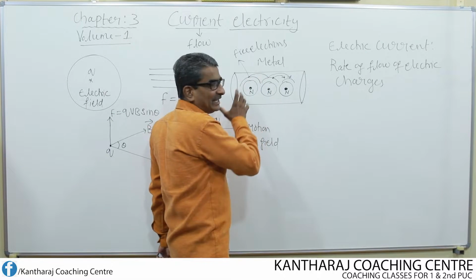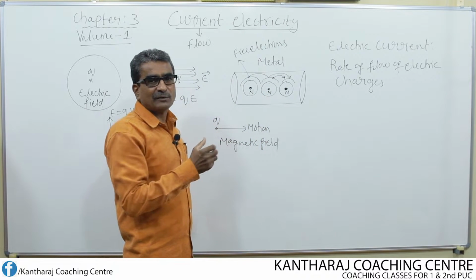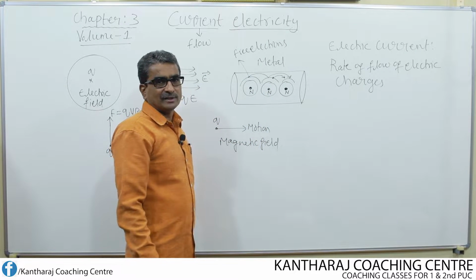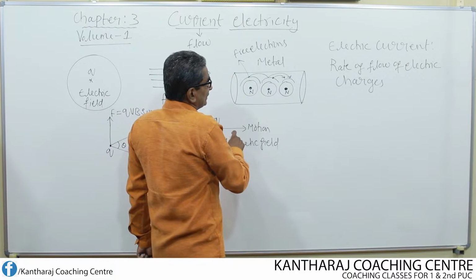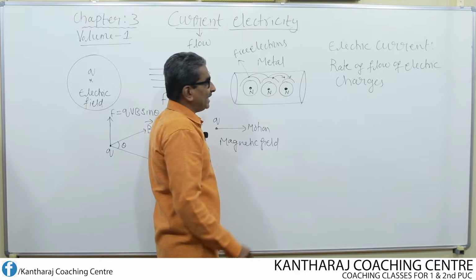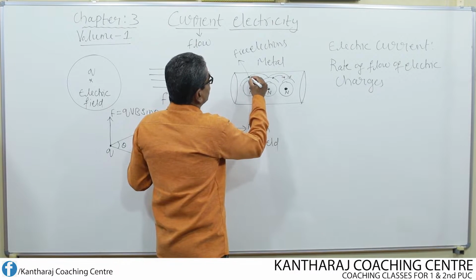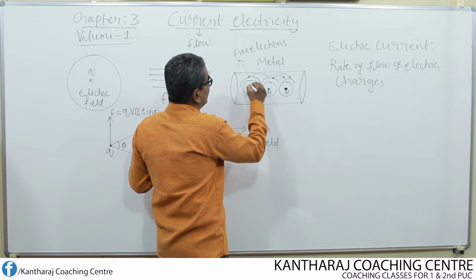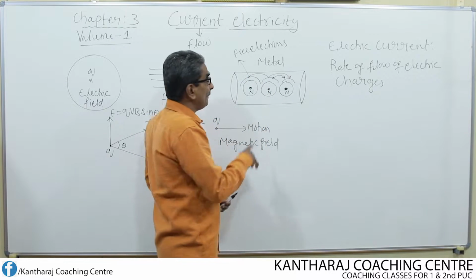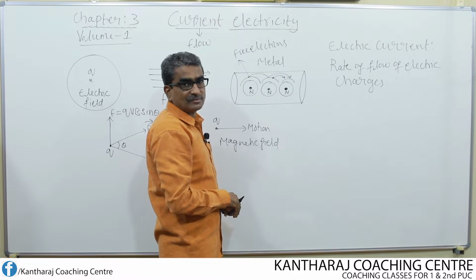Then how do they gain energy? They gain energy here because of room temperature. The room temperature is sufficient to provide energy to these electrons, and these electrons are loosely bound to the nucleus. That means the force of attraction between the electron and the nucleus is not so strong, because these are the electrons which are present in the outermost orbit.